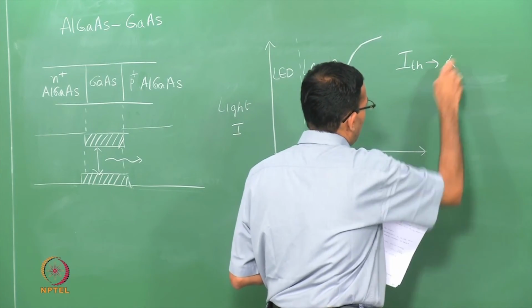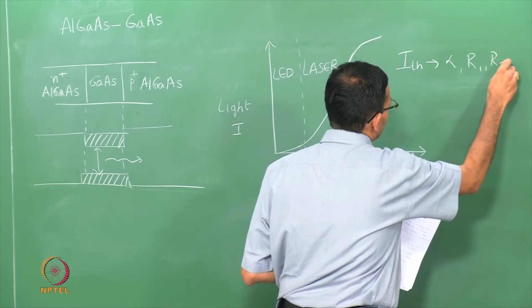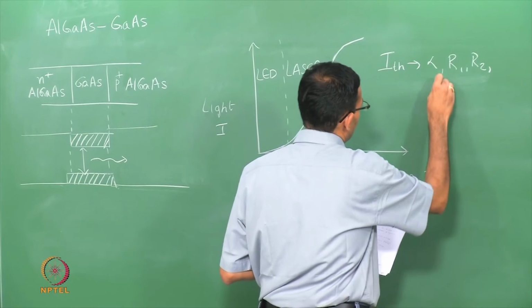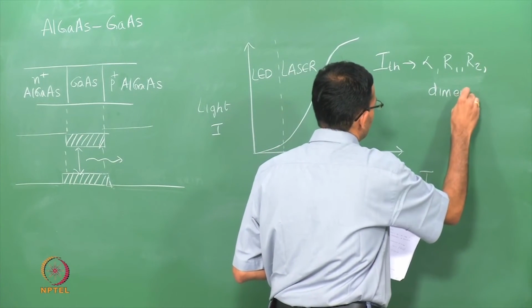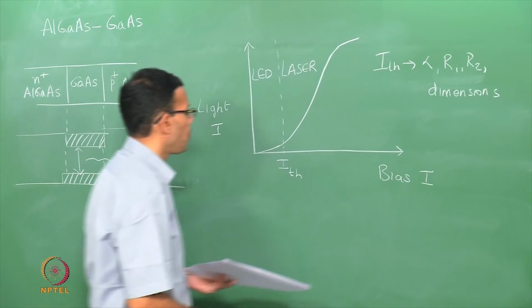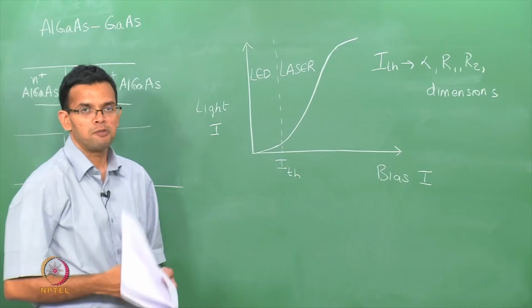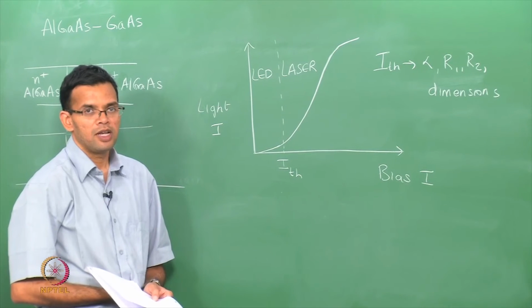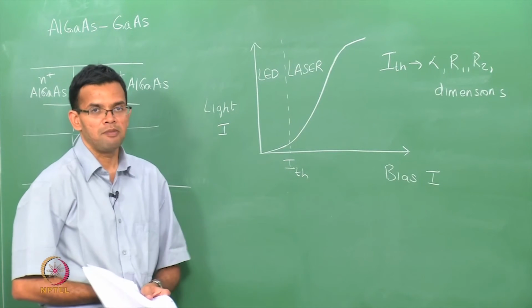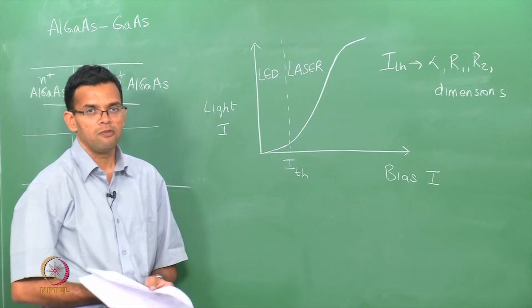So, it depends upon alpha, the reflectivity of your mirrors, and also the dimensions of the sample. So, this is just a simple double heterostructure based laser. You can also have specialty lasers. For example, you can have quantum confinement within this active region in order to give you quantum well based lasers.